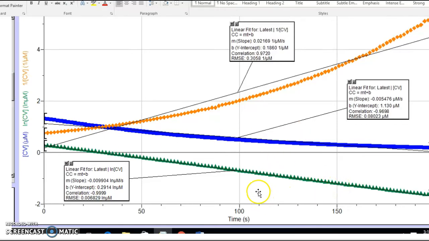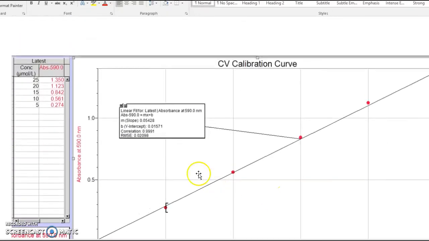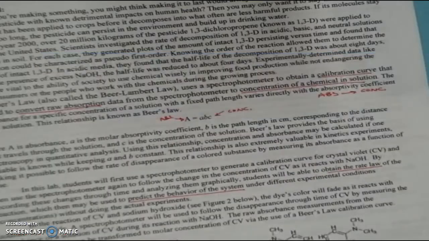The slope is used so that we can convert the absorbance into concentration. Again, if I go back and look at Beer's law, the slope you got right here came from this law right here.